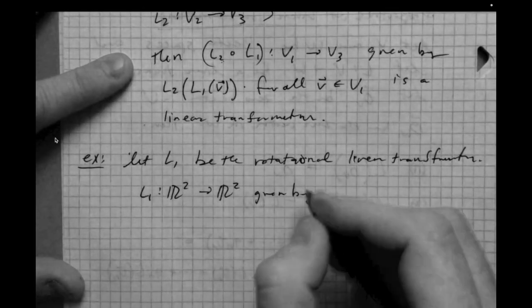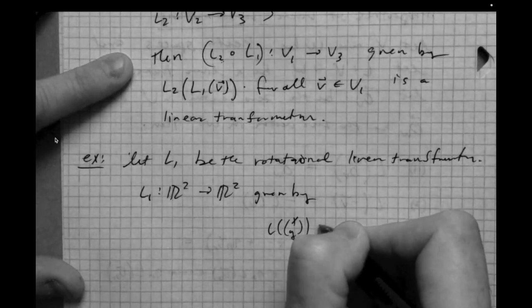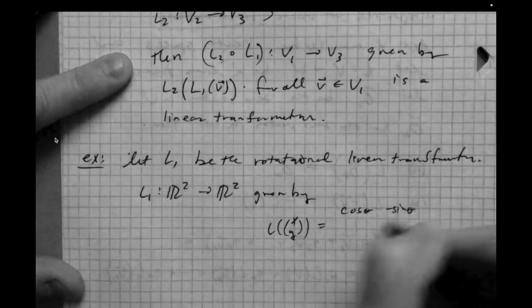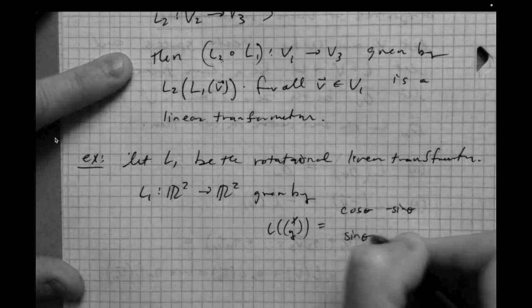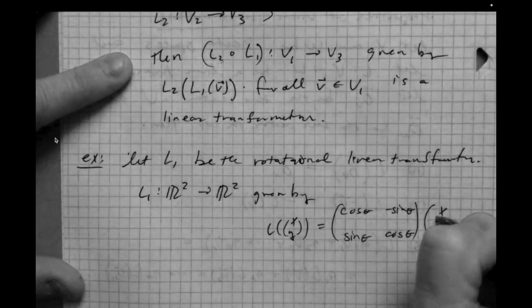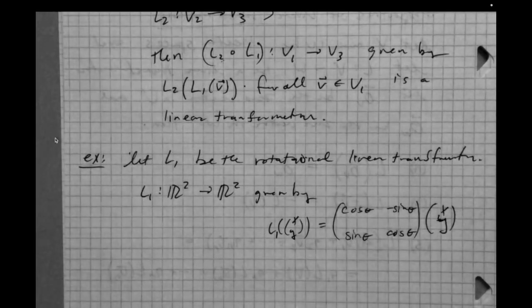It was L of xy equals the product, cos theta negative sine theta, cos theta, that matrix times xy. Okay, so that was the first linear transformation. We'll call that L1. Okay, we know that that's a linear transformation. We went through that exercise and saw that.